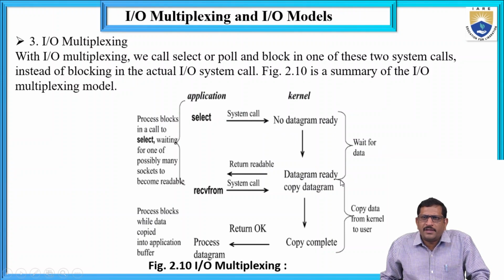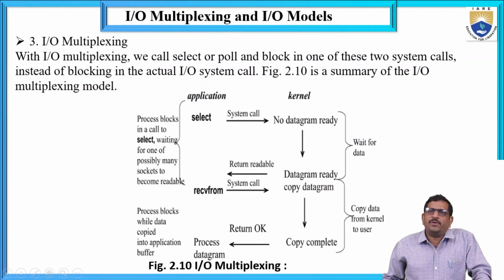When the datagram is ready, it is received from the system call and copied from the kernel to the user. Once the copy is completed it returns, and the application can proceed with performing the operations.